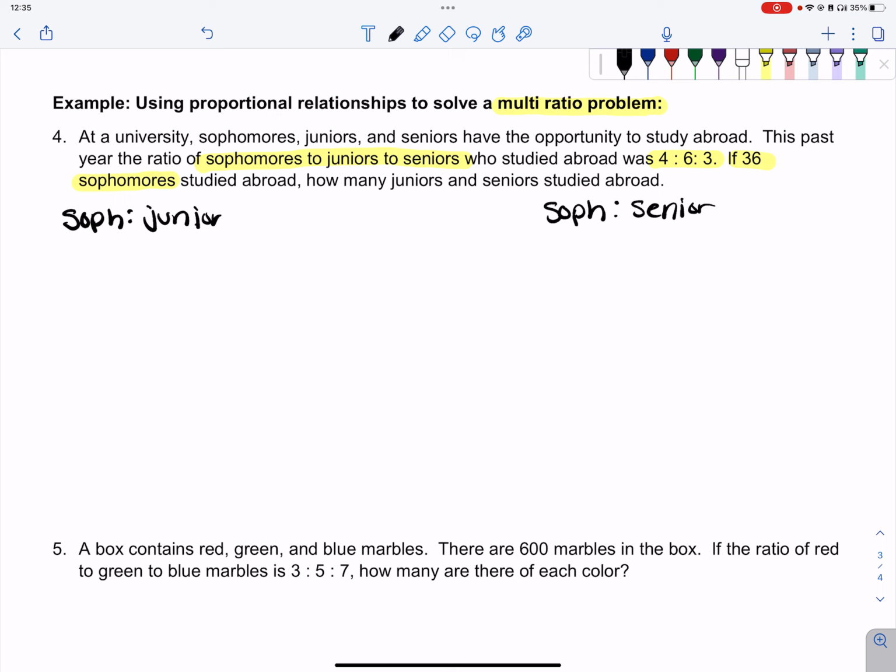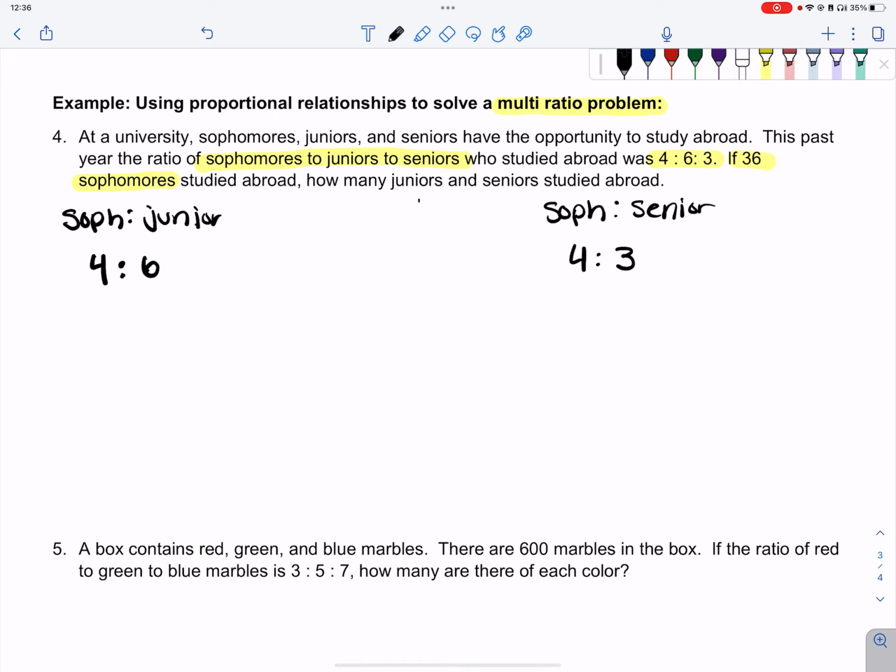So my sophomore to junior ratio, well, the multi-ratio tells me there were 4 sophomores for every 6 juniors that studied abroad. So that is a 4 to 6 ratio. While for my sophomores to seniors, there were 4 sophomores for every 3 seniors that studied abroad. So that's our 4 to 3 ratio.